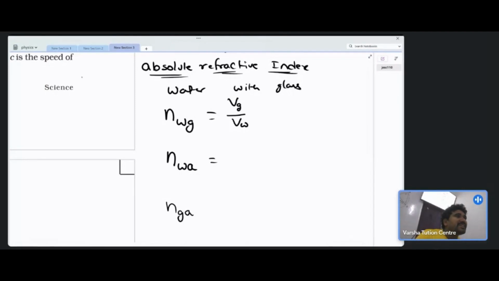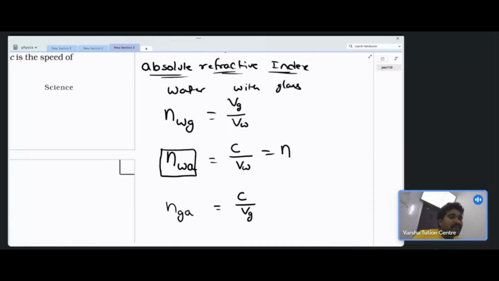Speed of light in air, that is nothing but c, divided by speed of light in water, that is VW. Here it will be c by speed of light in glass. Clear?